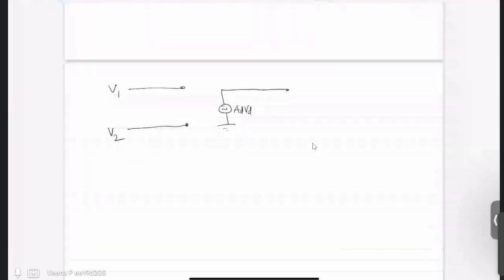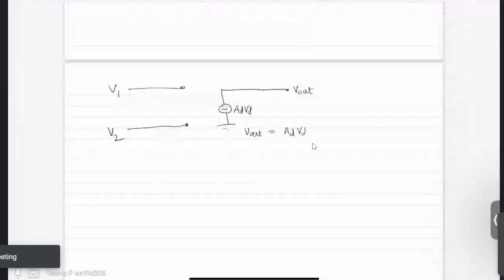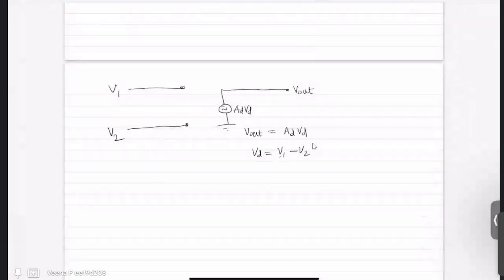So the input resistance infinity means it acts as an open circuit. So you have your V1, V2 here, your voltage source is AD times VD and your output resistance 0 means it acts as a short circuit. So in other words, your V out is nothing but AD times VD. VD is V1 minus V2.